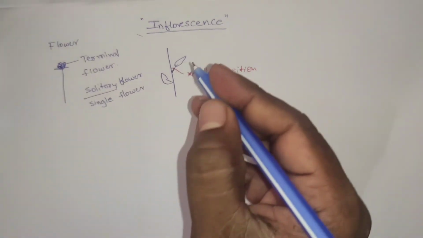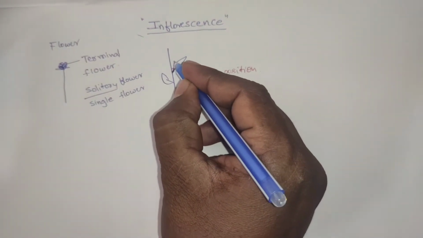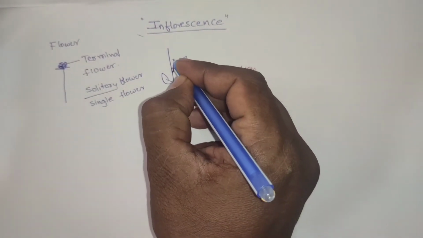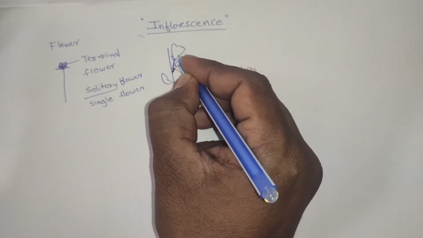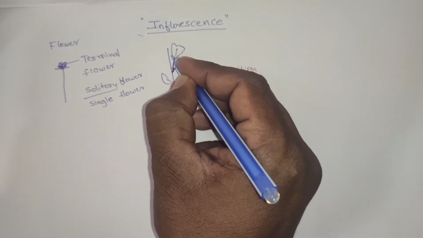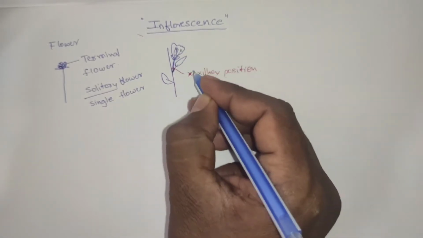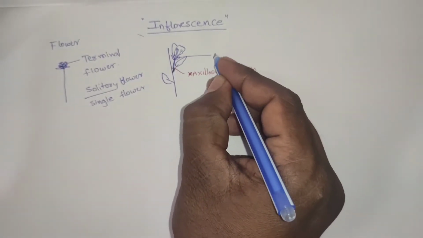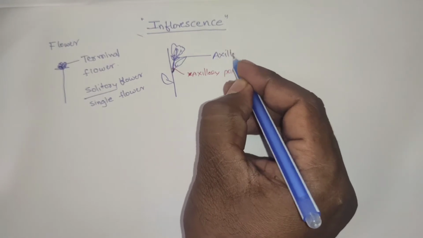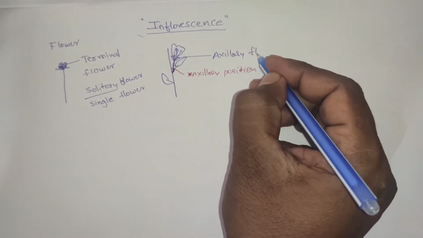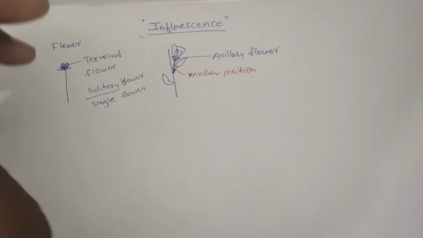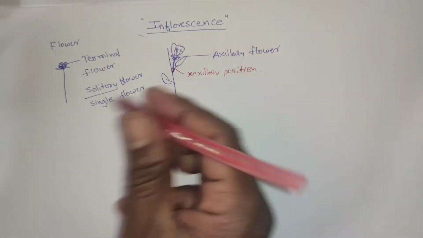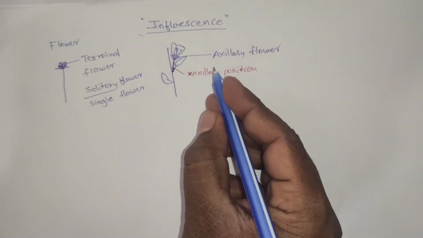But at this axillary position, if a flower is developed, we can call it an axillary flower. And this axillary flower is also a single flower.